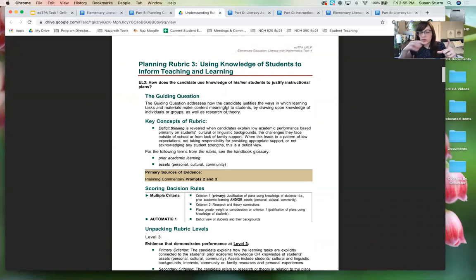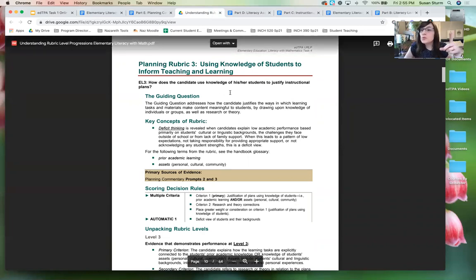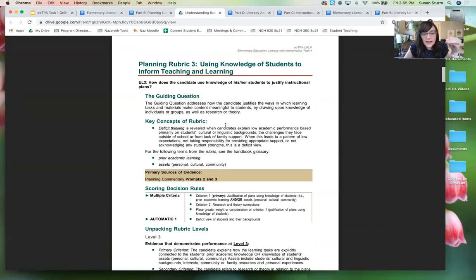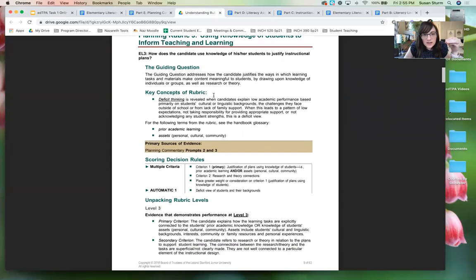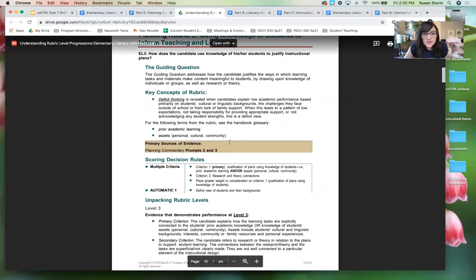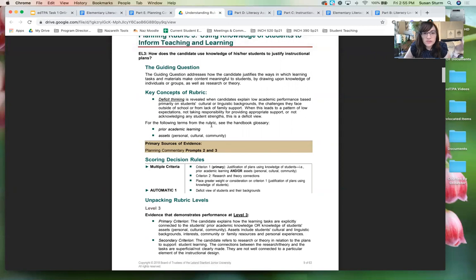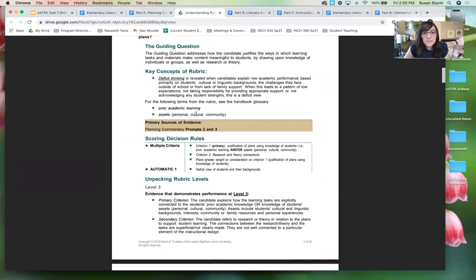We're going to start with Rubric 3, and the concepts you need to know for this one are deficit thinking, which we've already talked about. You also have to know what prior academic learning is. That is exactly what it sounds like, what your students have previously done in their academic learning. And then assets.